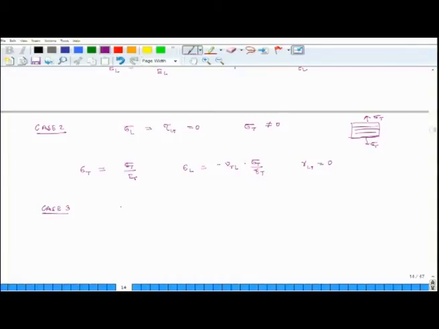So, here sigma L equals sigma T is equal to 0, only shear stress is present. And so this is my L axis and I am applying a shear stress. So, please note this convention of shear stress is positive.